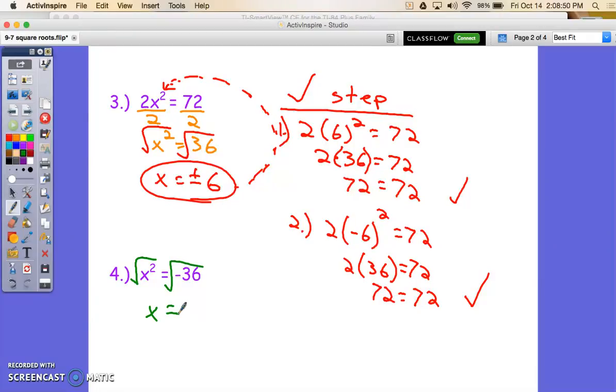There is no solution in this problem. This is actually what's called an imaginary number. You'll learn that in 10th grade, Algebra 2, but in this case, you would simply write no solution and move on. If they asked you to explain this, you would simply say because you cannot take the square root of a negative number. Excellent job.